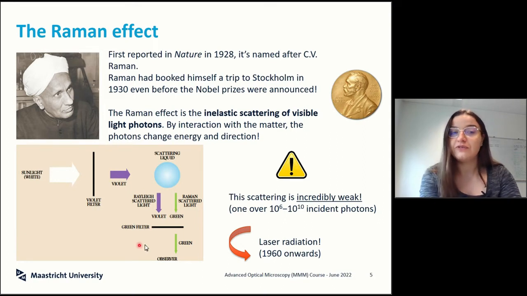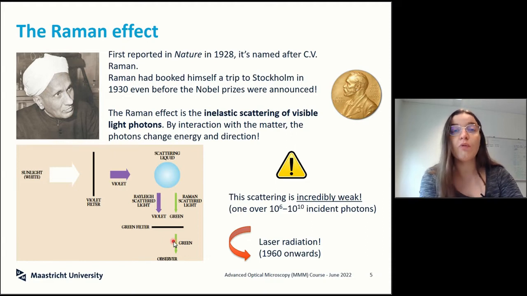That different energy is actually the Raman scattered light. So if you were to then filter off, once again, the violet, you know that you are not going to collect anything that was elastically scattered, but you're going to pass through all the radiation that had inelastic scattering. Now, one of the reasons why this was impressive when Raman did it is that inelastic scattering in the Raman way is incredibly weak.